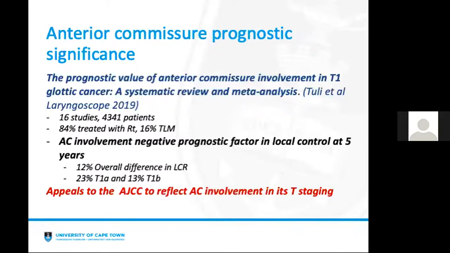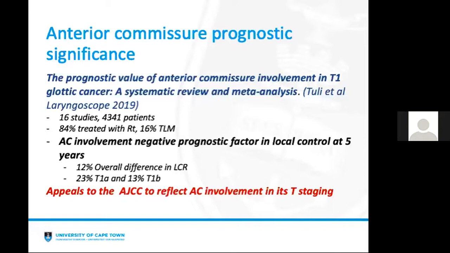The last study I'd just like to end with is the following study published in the Laryngoscope in 2019 by Tooley et al., which through systematic review and meta-analysis assessed the prognostic value of anterior commissure involvement in T1 glottic carcinoma. 16 studies and a total of 4,341 patients were included. 84% of patients were treated with RT and 16% with laser.